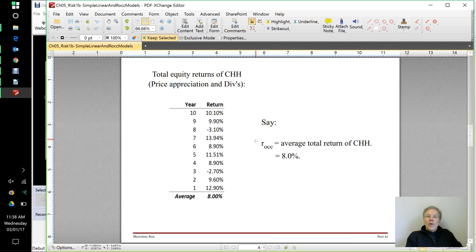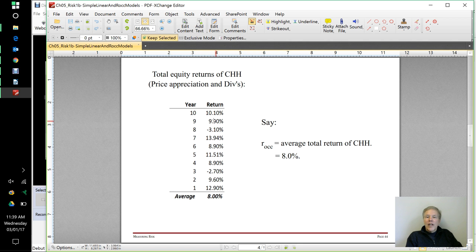So now that I've got the opportunity cost investment, I use that to determine my opportunity cost of capital. What I did for Clayton was I developed, for the past 10 years, the after-tax return, including dividends and stock price appreciation, that an equity investor would have seen with Clayton.